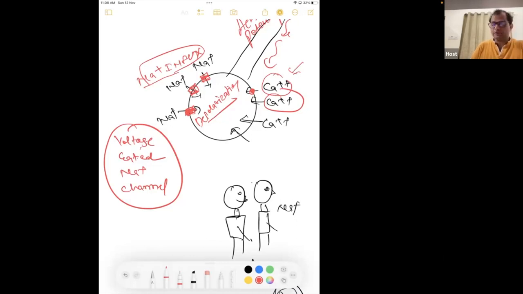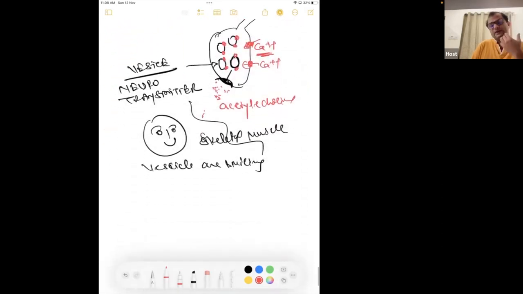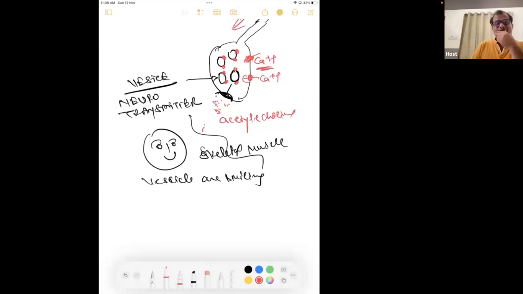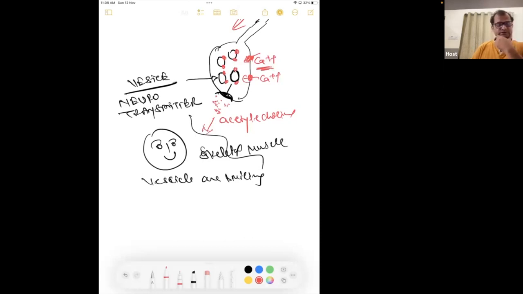Now calcium is going in, vesicles are smiling and welcoming the calcium. And as soon as calcium attaches on the vesicle, then the vesicles release the neurotransmitter acetylcholine, and it works on the skeletal muscles, right? Then we are able to do the movement. So this was the event.